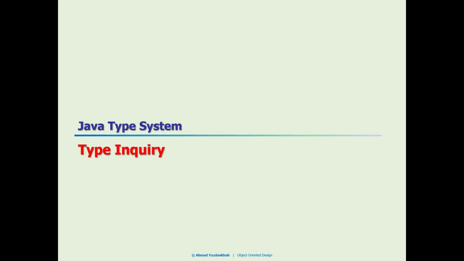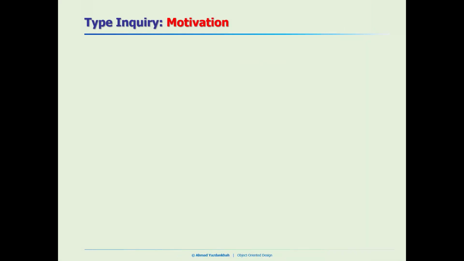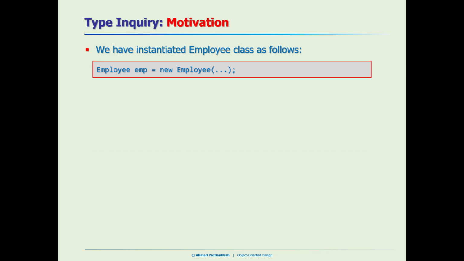How can we inquire about the type of a variable? It is called type inquiry. Let me explain some situations where we need this. Look at this. We have instantiated an employee class here, and we have a variable here.